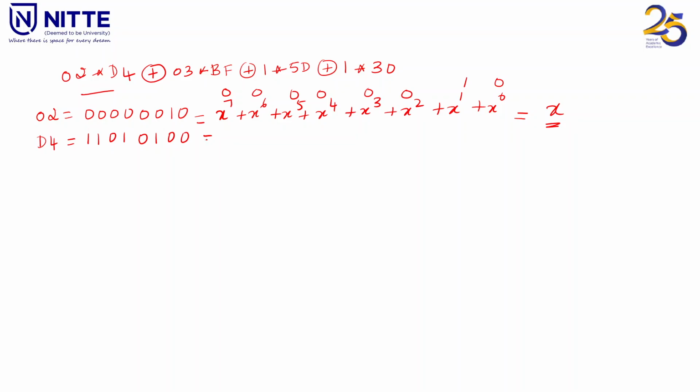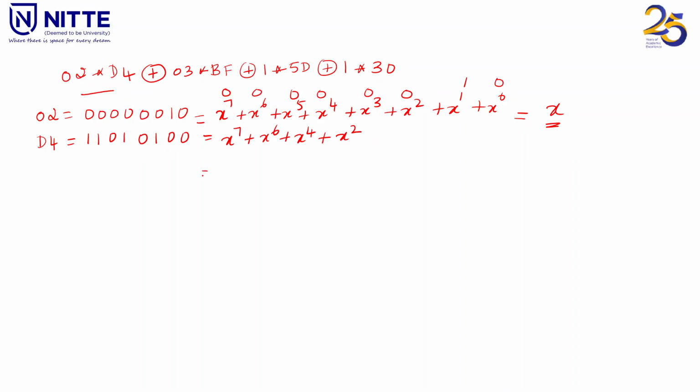Similarly, for D4, x to the power of 7, x to the power of 6, x to the power of 5 is 0 so I'm not including it, x to the power of 4 is there, x to the power of 3 is not there, x to the power of 2 is there, x to the power of 1 is also not there, and x to the power of 0 is also not there. So I'm going to include only this much.